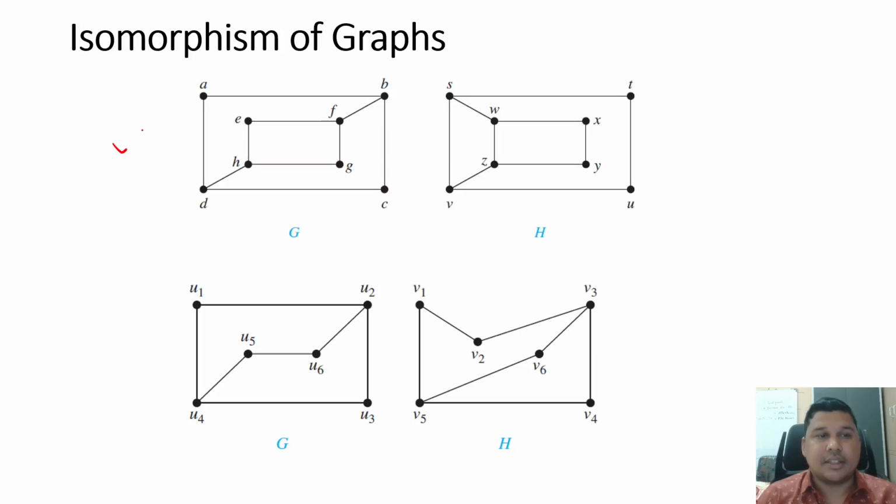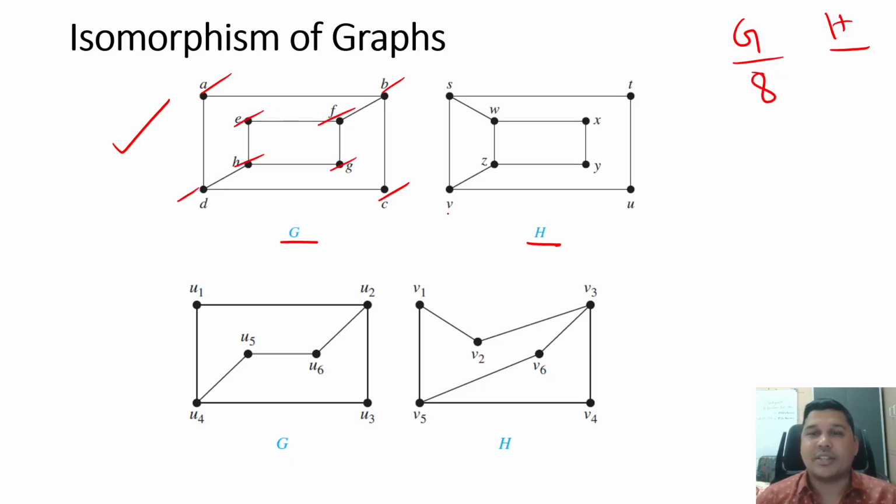See here the second problem. I have a graph G and H. Count the number of vertices in G: 1, 2, 3, 4, 5, 6, 7, 8. It is 8 vertices. Then in H, how many vertices are there? 1, 2, 3, 4, 5, 6, 7, 8. Again here also 8.